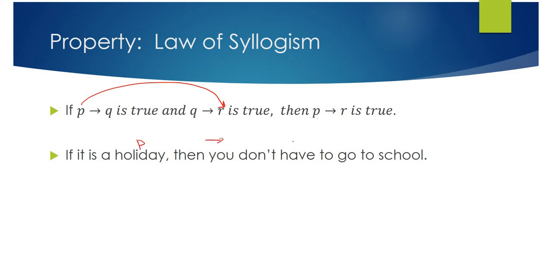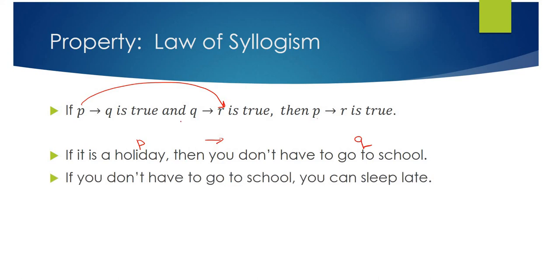This is our P, then Q. I'm going to give you another one, and we need two conditionals for this. If you don't have to go to school, that's my Q, then you can sleep late. That's my R. So if P then Q, and if Q then R, then I can say if P then R. So my conclusion can be, if it's a holiday, you can sleep late.